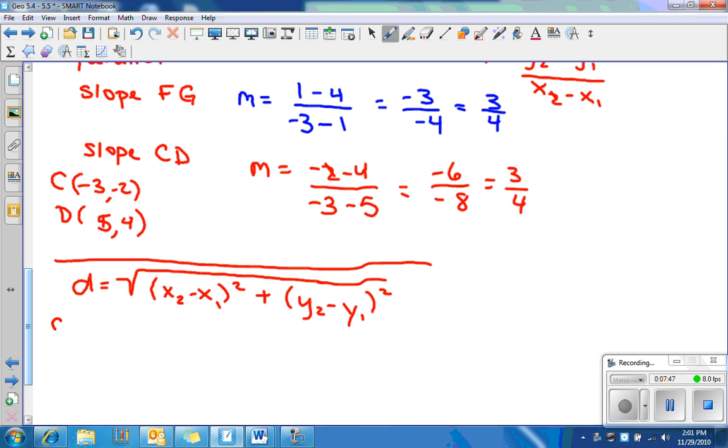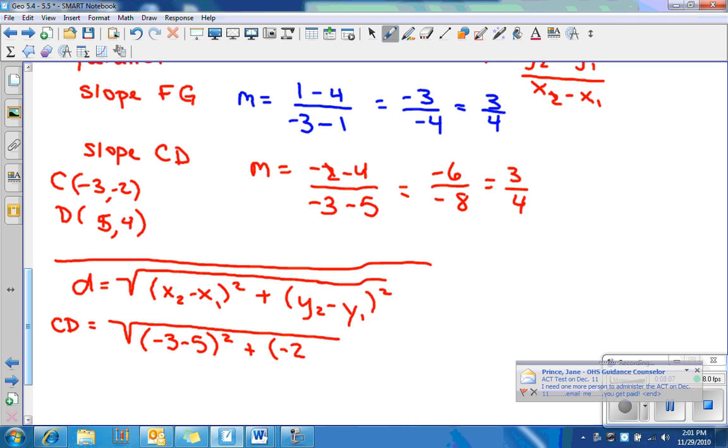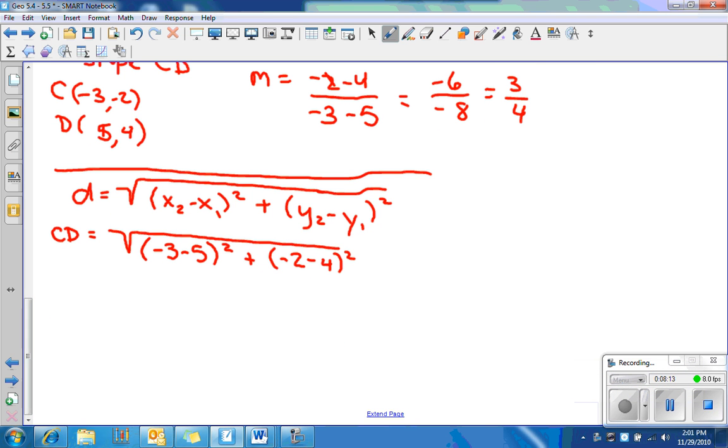So I want to find the distance of CD. Remember, we just had CD above it. So CD, -3 minus 5, square that answer, plus -2 minus 4, square that answer. All right, so I'm just going to write it out to the side here.